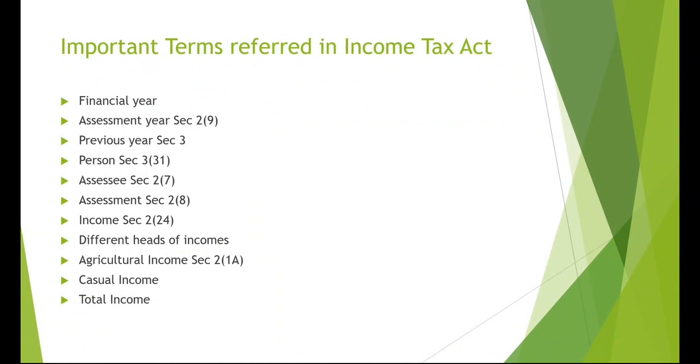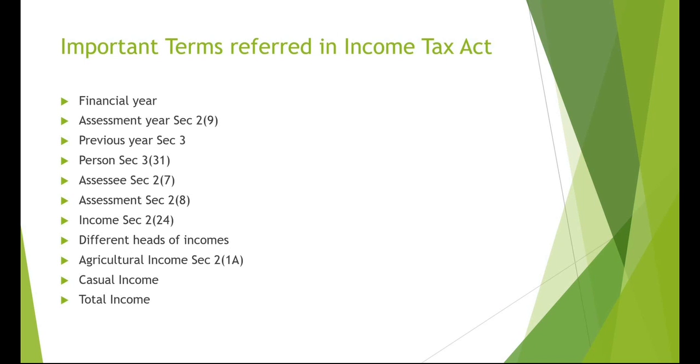It may be anything which is established by the government, like universities, right? All these are known as a person. So the definition of person is inclusive and not exhaustive. It includes everything.